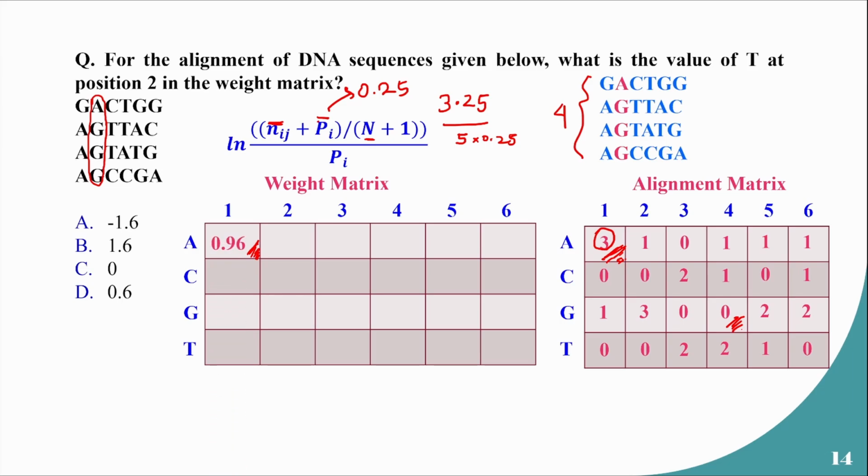If you just calculate it out, you will see something like 0.955, which should give you 0.96.